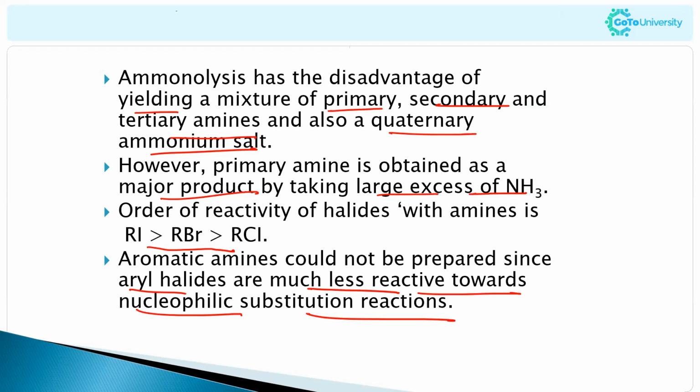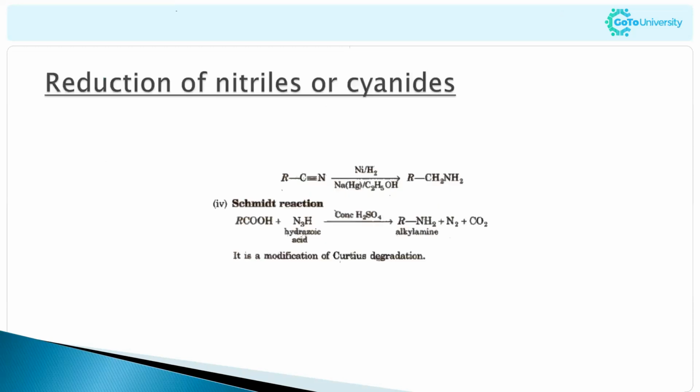Now we can see reduction of nitriles or cyanides. If you have nitriles or cyanides, on reduction they can be converted into the corresponding amines. Here the alkyl group has, suppose, 3 carbon atoms, but in the product you can see 4, because the R group plus one more CH2 carbon is there, right?